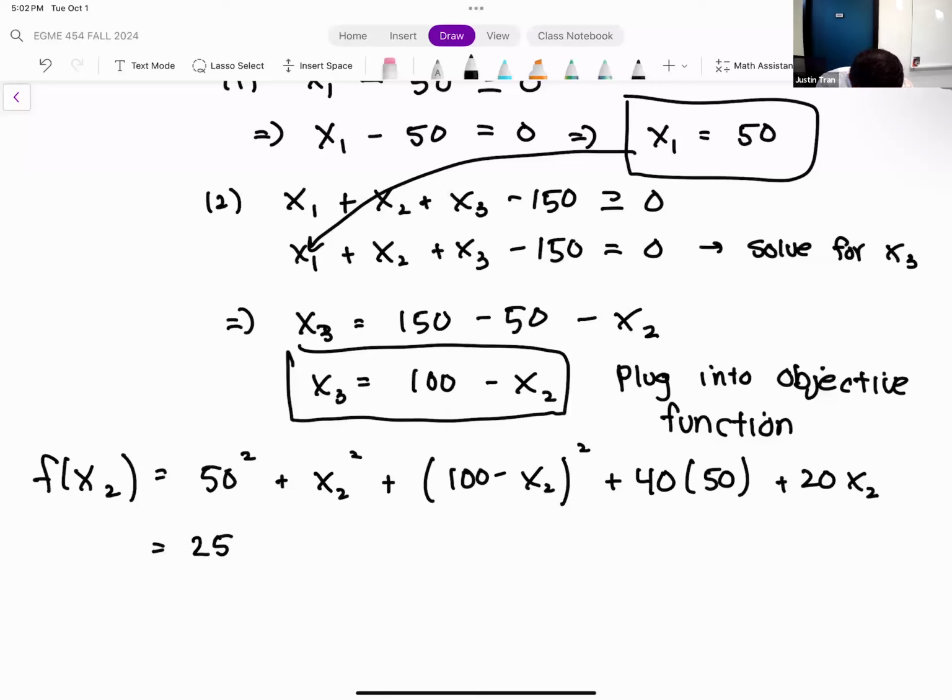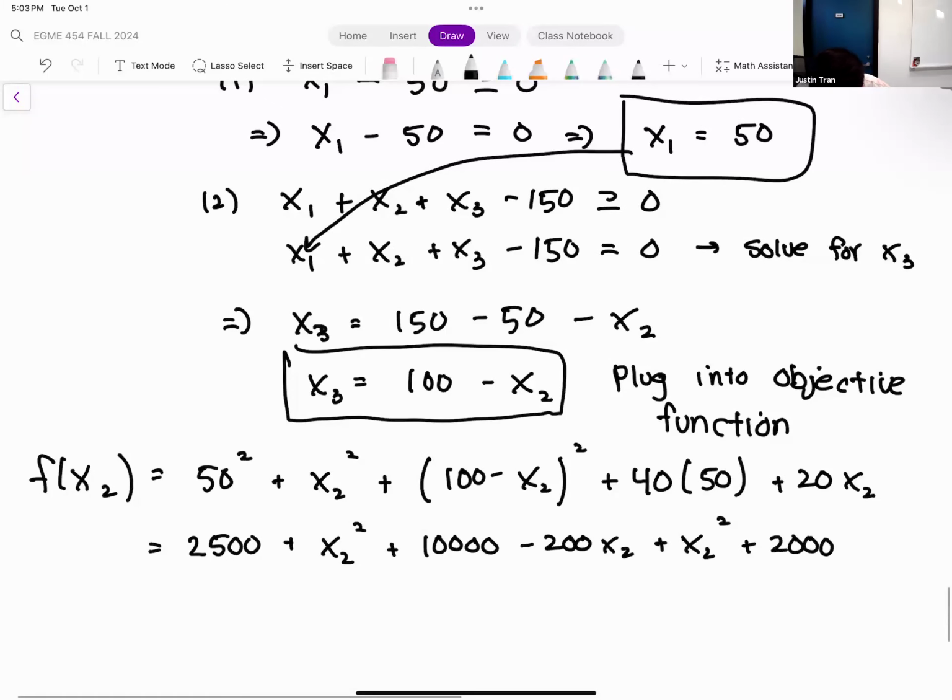All right, so let's simplify this. 50 squared is 2500 plus x2 squared plus quantity 100 minus x2 squared. So that is 10,000 minus 200 x2 plus x2 squared. We're going to multiply 40 times 50. 40 times 50 is 2,000. Then we're going to add a 20 x2.